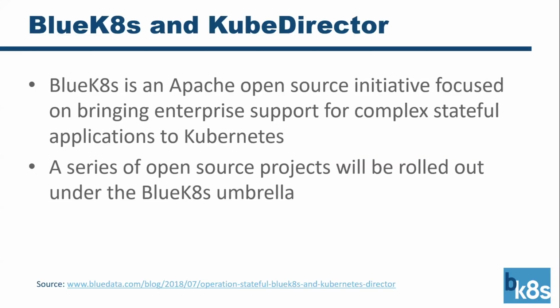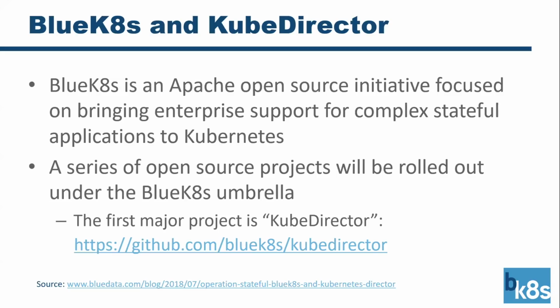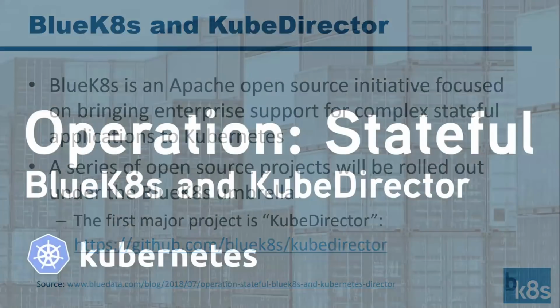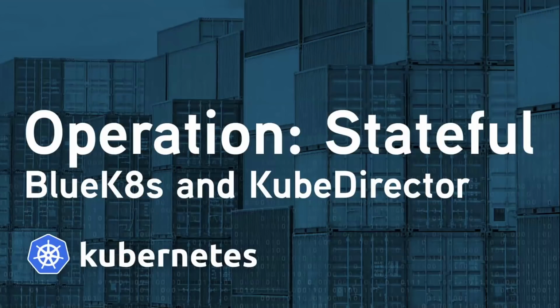There'll be a series of open source projects in this case, and the first that we rolled out is KubeDirector. This is the URL for the KubeDirector site on GitHub. At this point, I'd like to turn it over to Joel for a deep dive into KubeDirector.